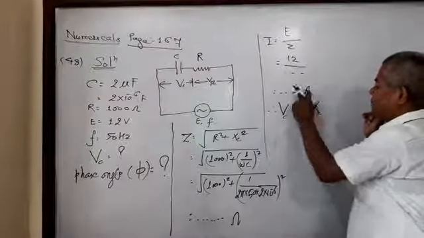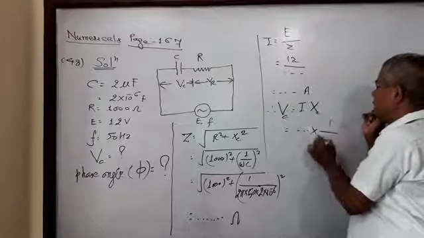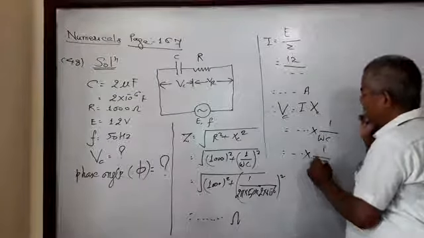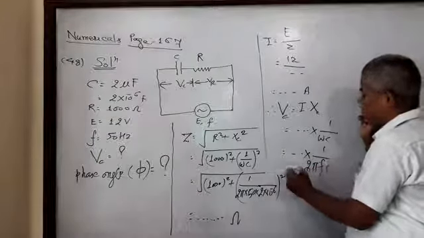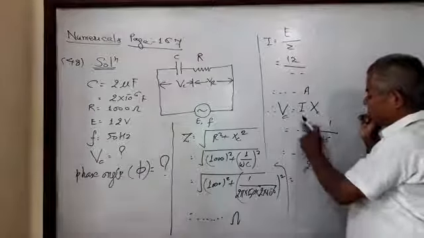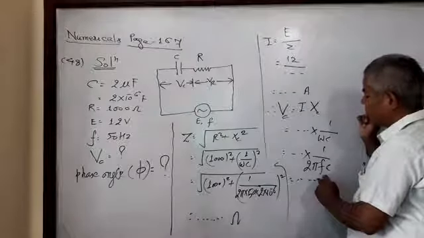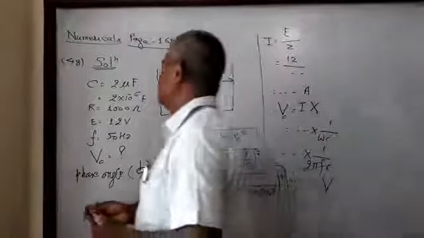XC has value 1 by omega C, so that is I into 1 by omega C, where omega has value 2 into pi into F. Now current is known to us, frequency is given, C is given to us. Then we can find the voltage across capacitor. This is the answer of this question.